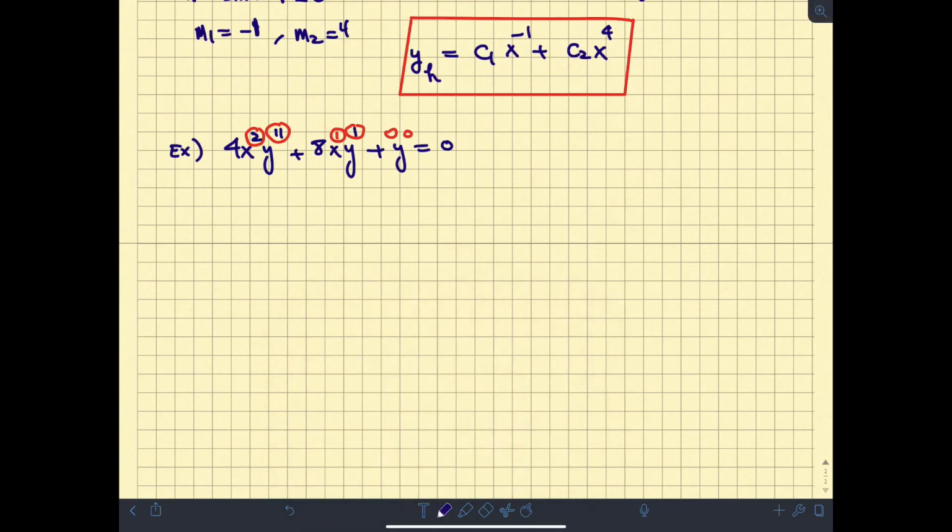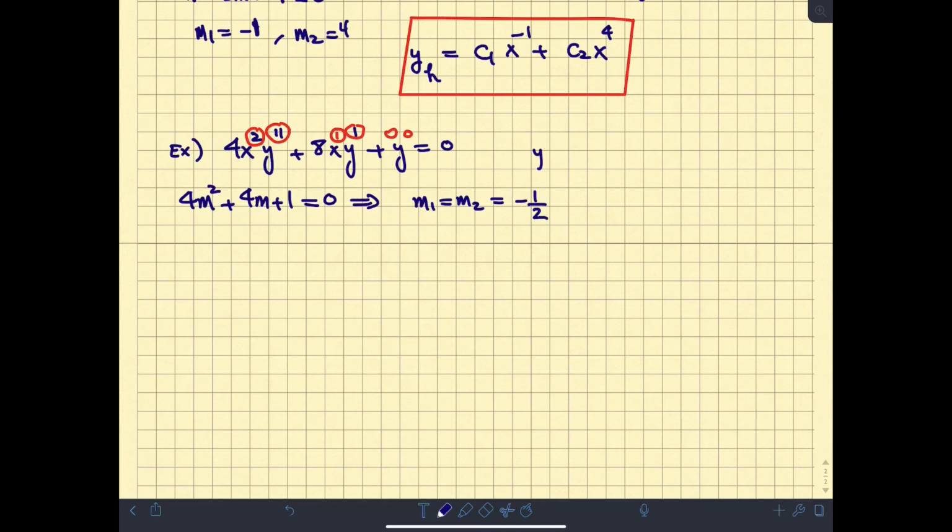So I can write my characteristic equation, and it will be 4m squared plus 4m plus 1 equal to 0. And you notice here I will have a double root. M1 equals M2 equals minus 1/2 as my double root. So this is the case where I have repeated roots.